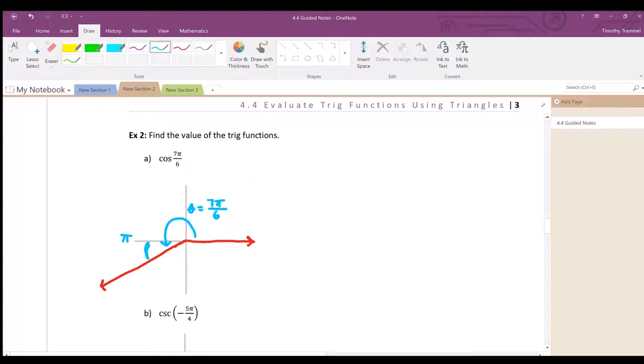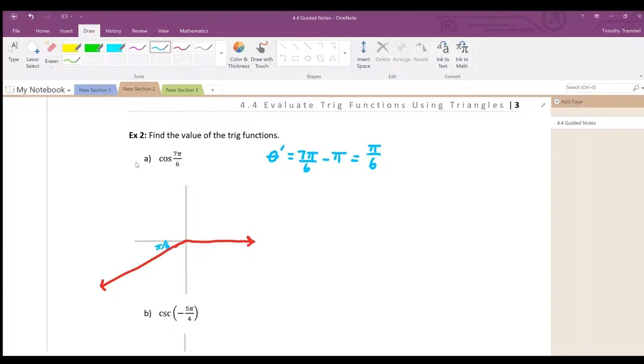So the angle that's really kind of snuck in between those two is going to be given by 7 pi over 6 minus pi. And so that's just going to give us pi over 6. So I'm actually going to get rid of some of this now, and I'm just going to write in our reference angle, pi over 6.